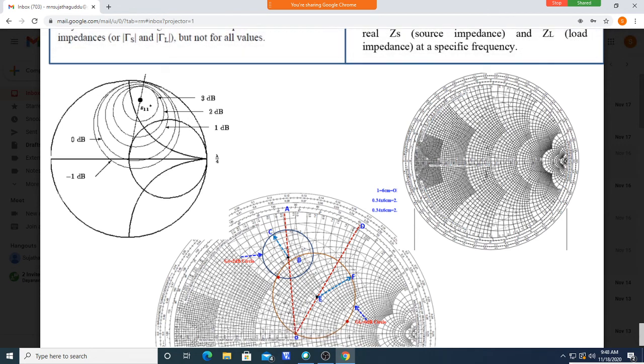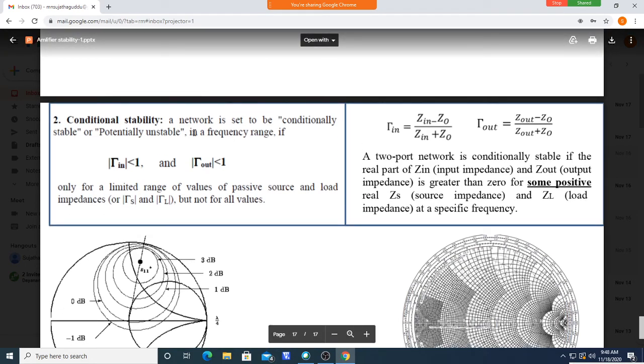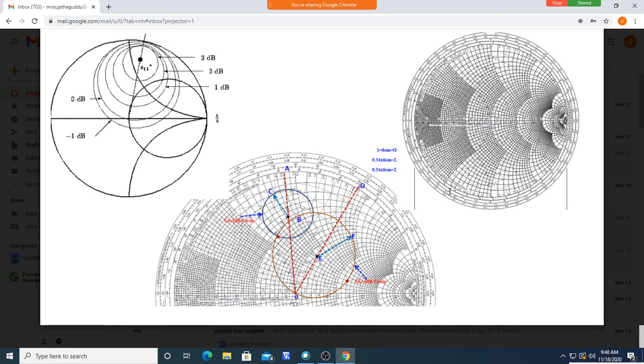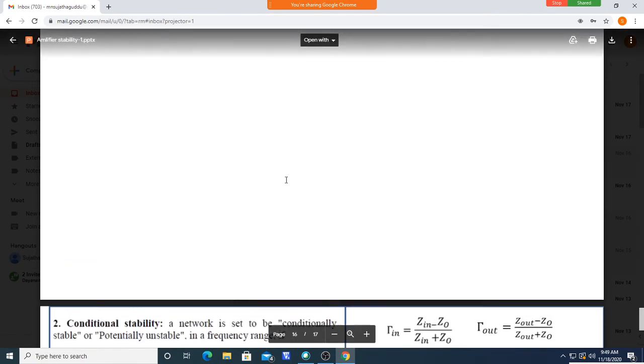That graphical solution is only needed if it is conditionally stable, otherwise you need not do that graphical solution. So once we come to know it is conditionally stable, what we have to do, you should go for the graphical method. From that graphical method we will come to know which values give the stable operation and which values you should not use.